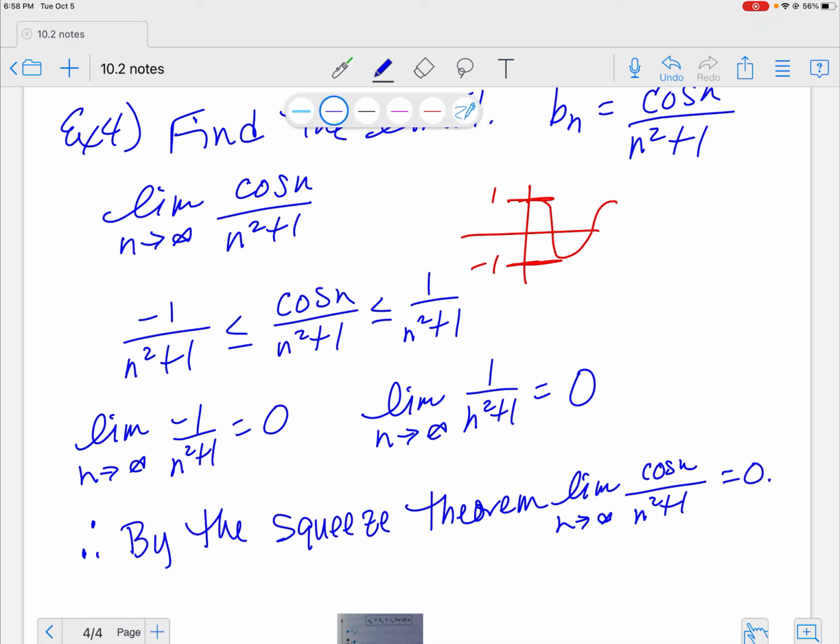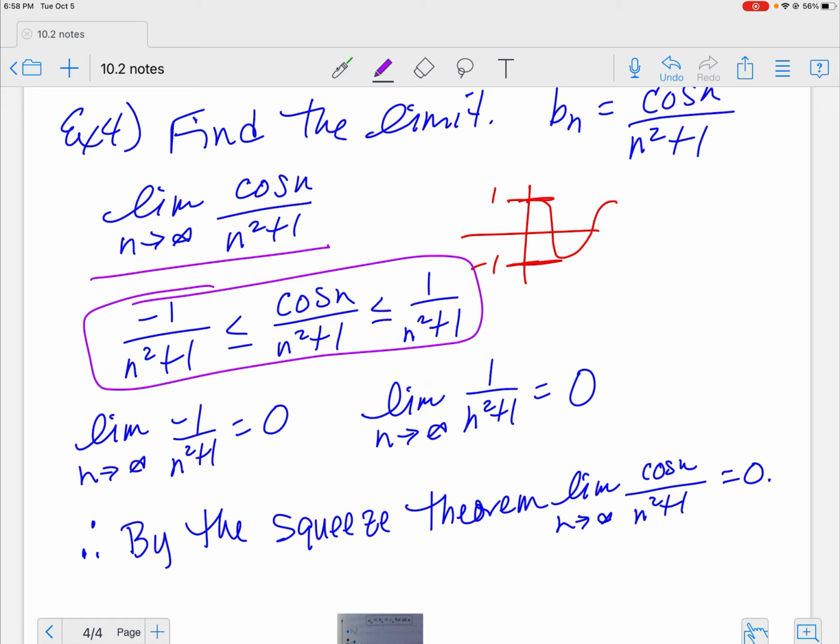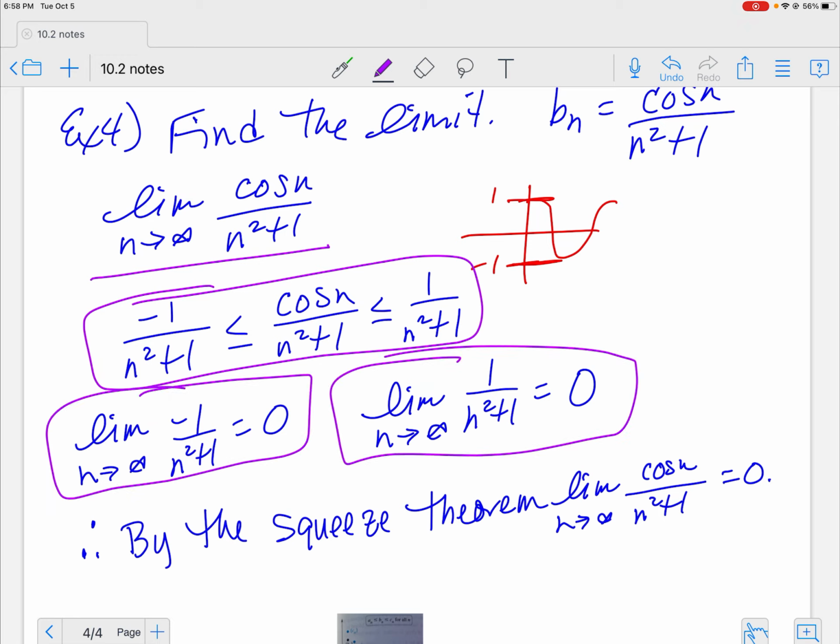When we use the squeeze theorem, there's some criteria that needs to happen. You need to have your limit notation. You need to set up your inequality. You need to take the limit of the top and the bottom, showing this. All this can be done in your head, and I get that, but this is a proof.